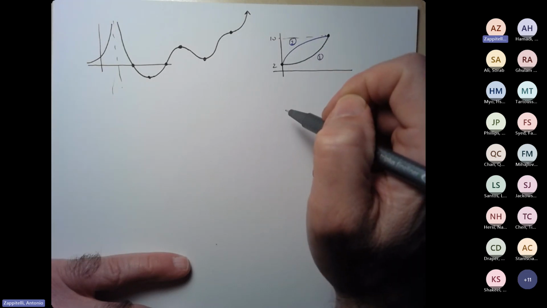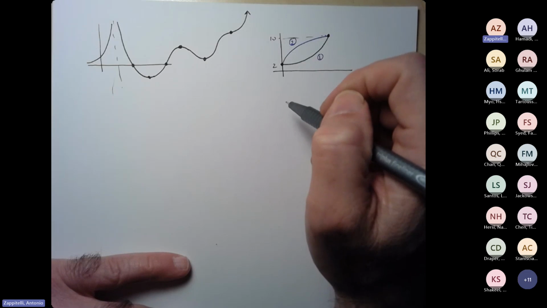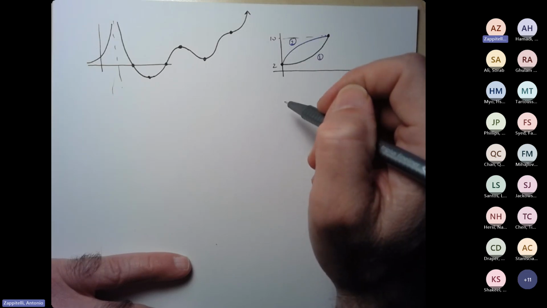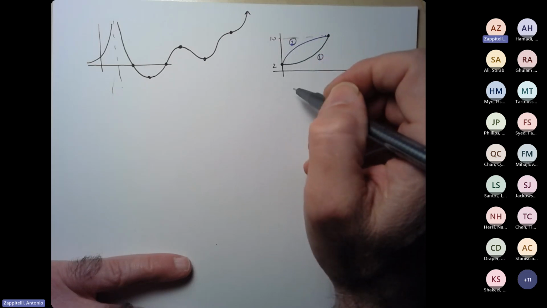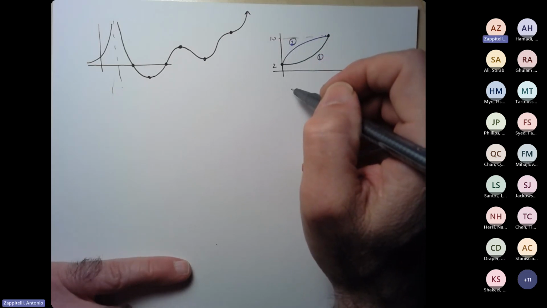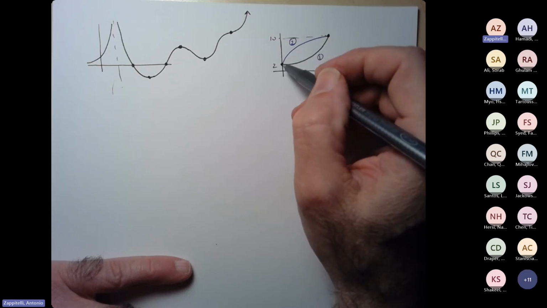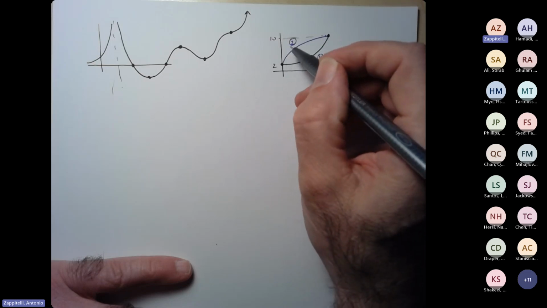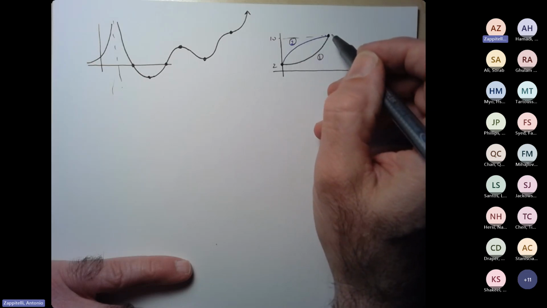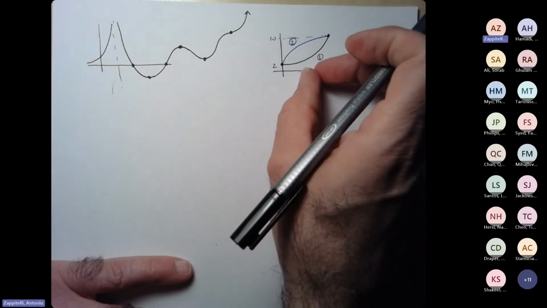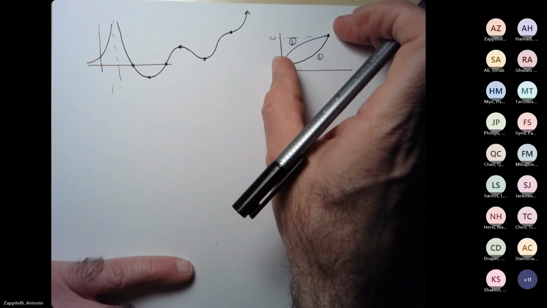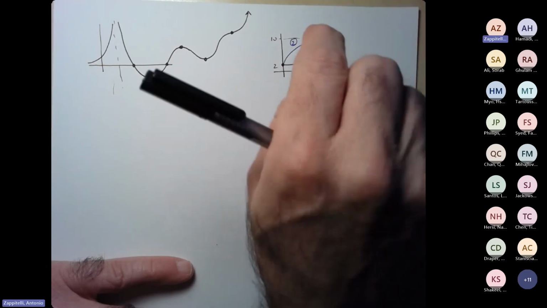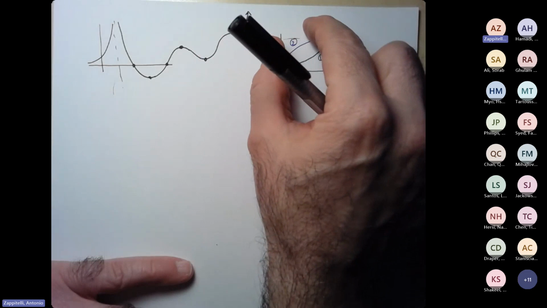Can anybody think of a function that you would have studied quite a lot that had this behavior that looks like this one here as opposed to that one there? Okay. And think of how it's curved. This one is curved sort of upwards, whereas that one is curved downwards.